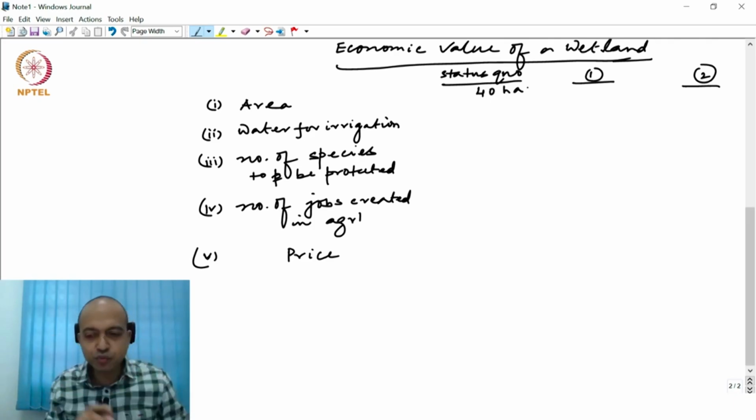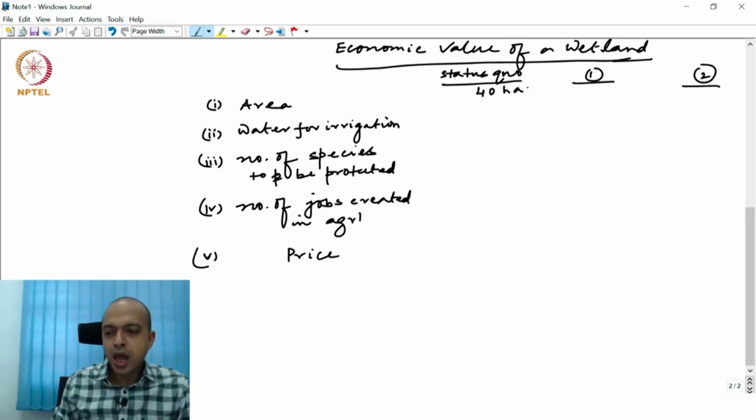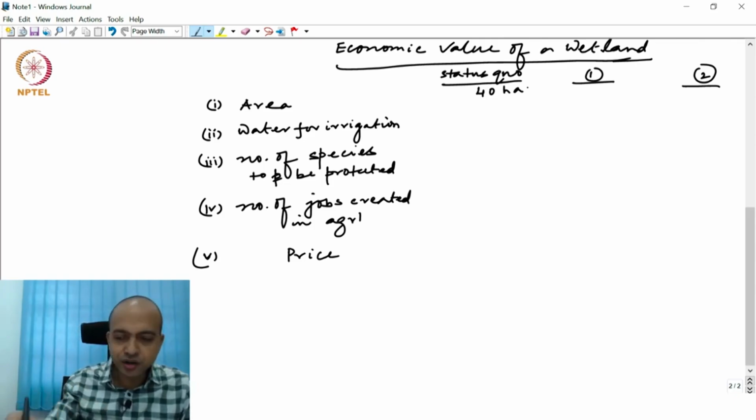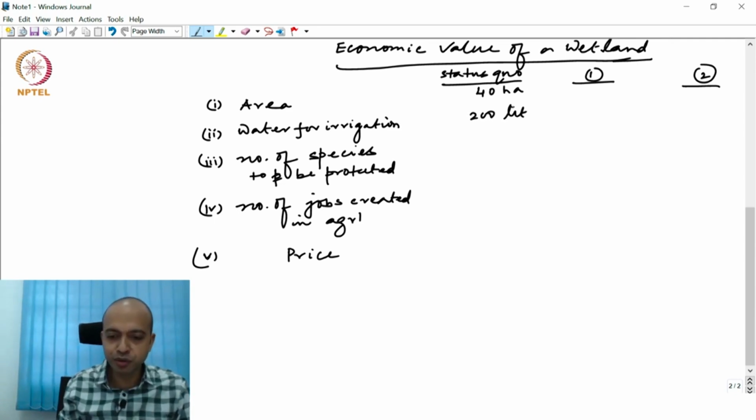That is the present size of the water body. And then in the status quo situation, let's say the wetland supplies 200 liters of water for irrigation purpose, that is a hypothetical figure actually.